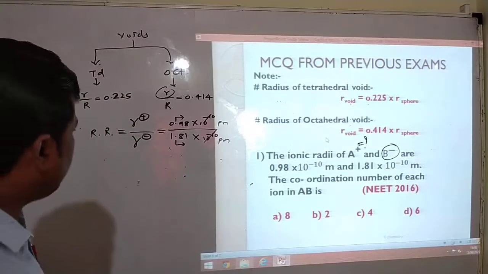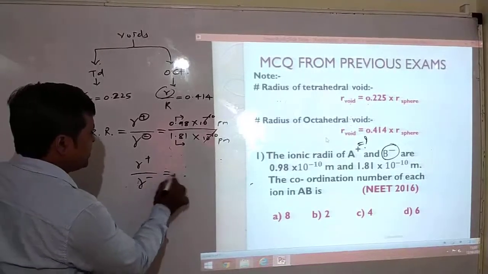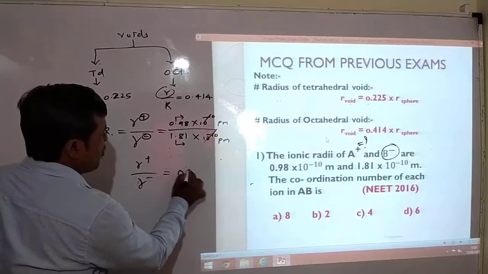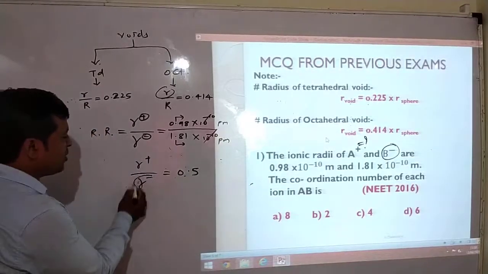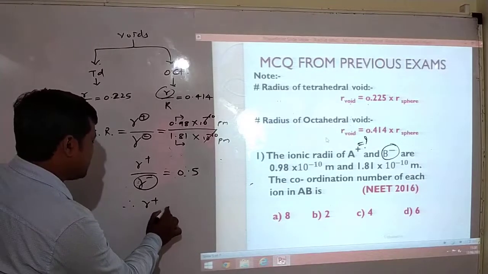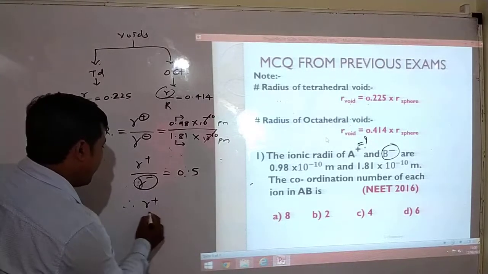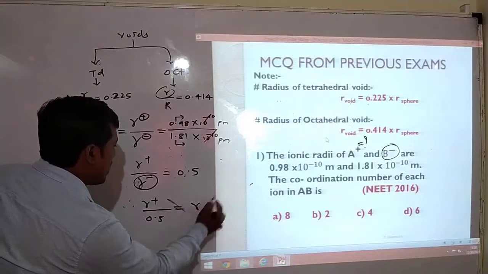R plus divided by R minus is equal to 0.5. If they are asking about R minus, then R plus divided by 0.5 is equal to R minus.